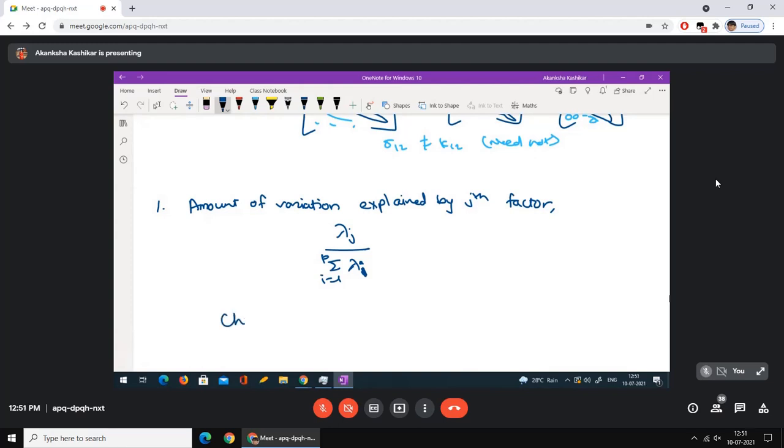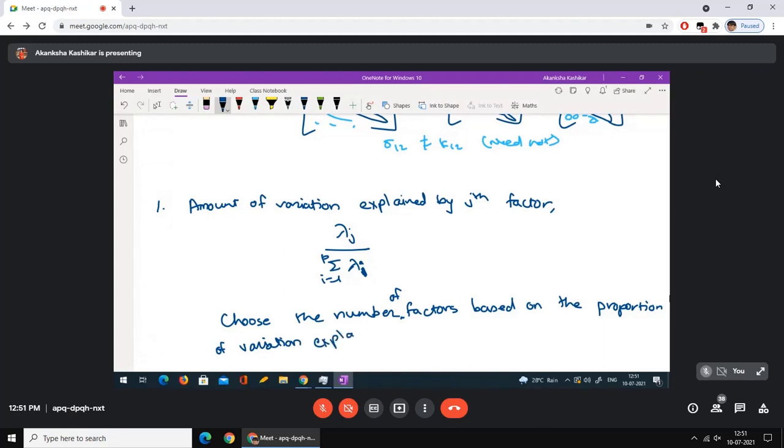And we can choose the number of factors based on the proportion of variation explained by them, which can also be captured via a scree plot.